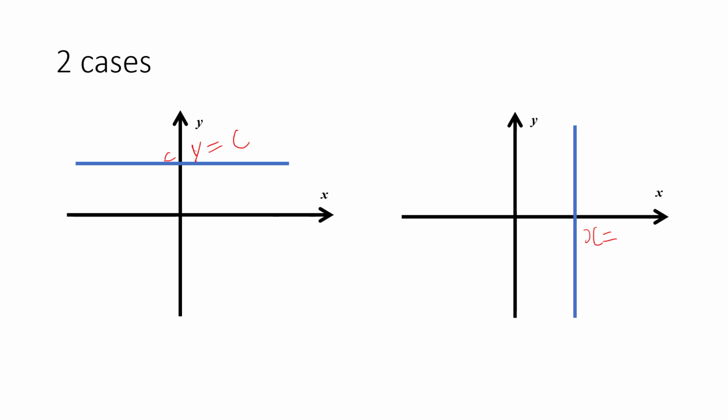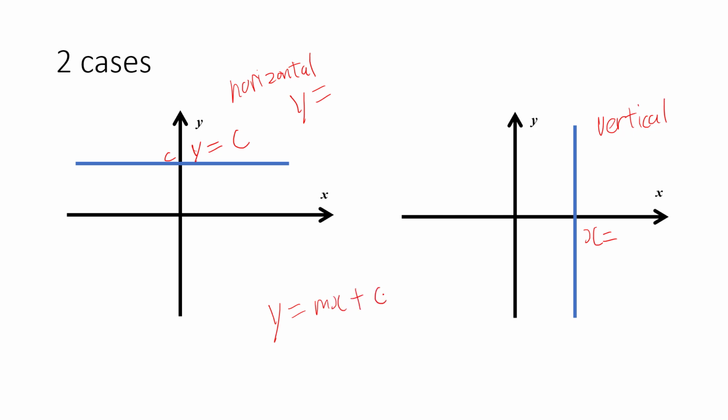So remember, the equation of a horizontal line is y is equal to something, then a vertical line, x is equal to something. Yeah, that's the only two exceptions whereby it doesn't follow the format of y is equal to mx plus c.